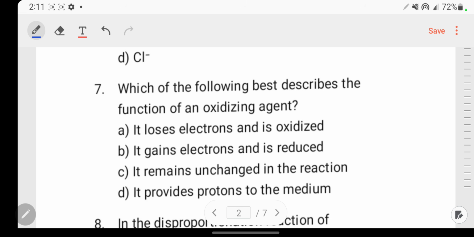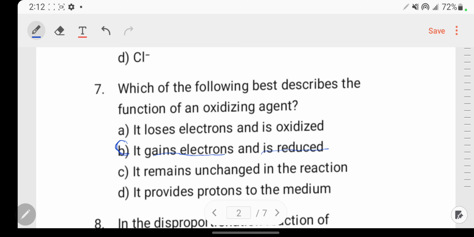If it ends up being reduced, it means to say it gains electrons, since the charge decreases. The gains electrons is only found here. So it gains electrons and is reduced. That's the definition that I have been talking about. So the answer for question 7 is B.